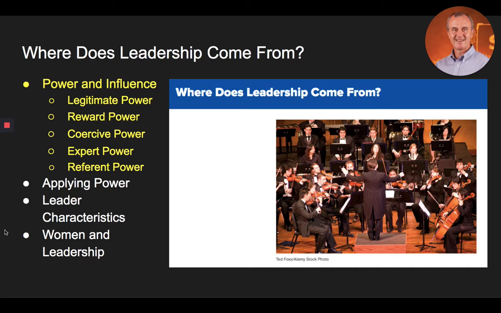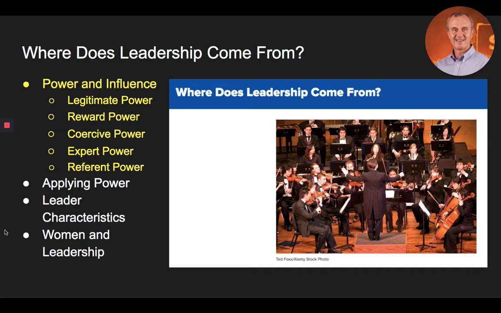A person with expert power possesses important knowledge, skills, or expertise uniquely important to others. The basis of influence for expert power is that others need the knowledge, skills, or expertise of that person to solve problems or to accomplish work.